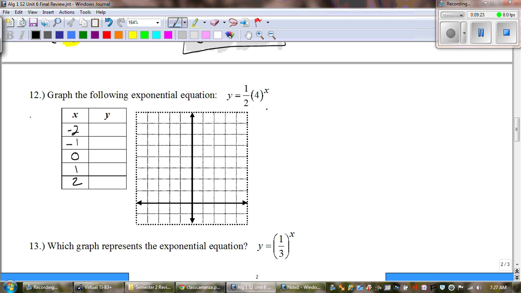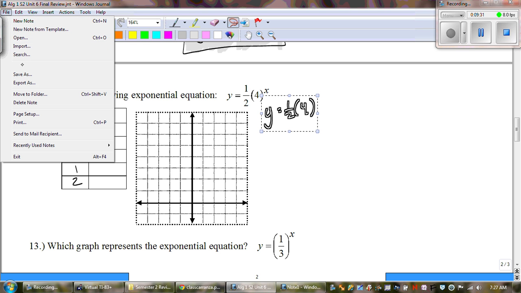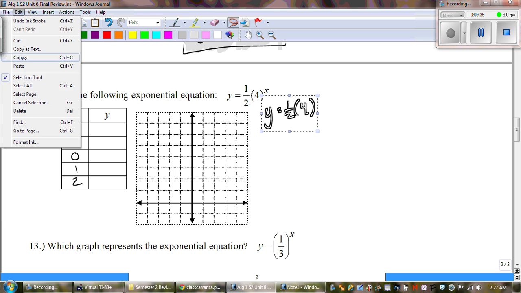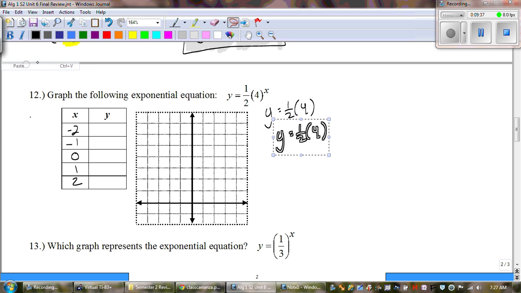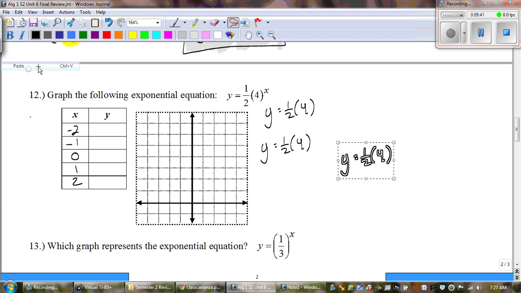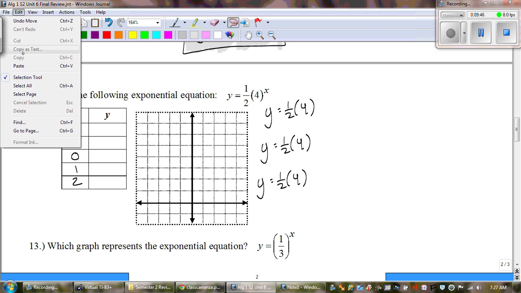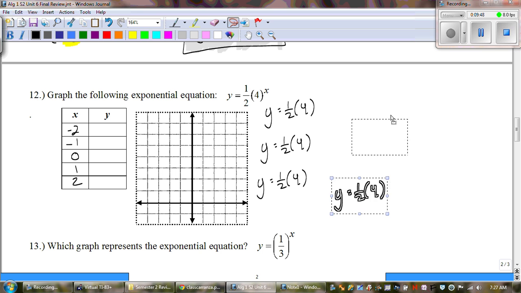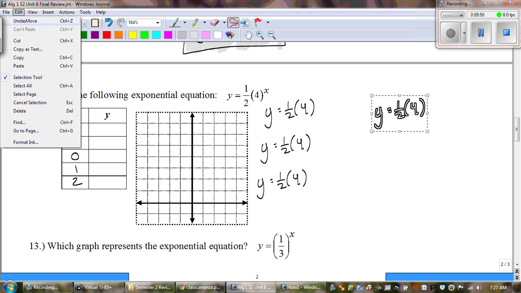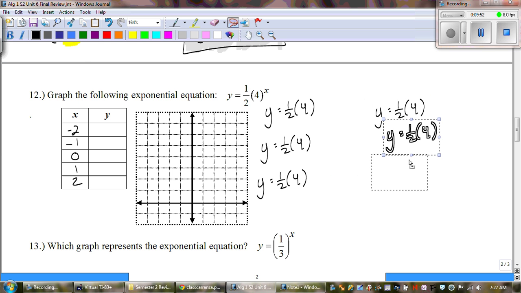So what you need to do is y equals 1/2 times 4 to the x, and then we're going to do this 5 times, and each time we do it, we are going to change the variable, okay? So there's 1, there's 2, 3, 4, 5, okay?